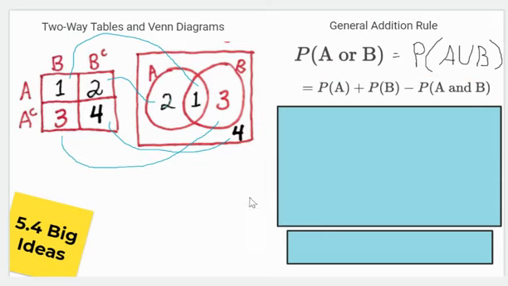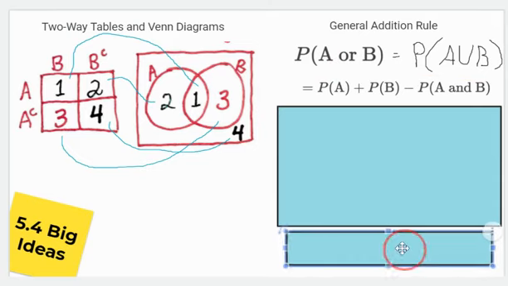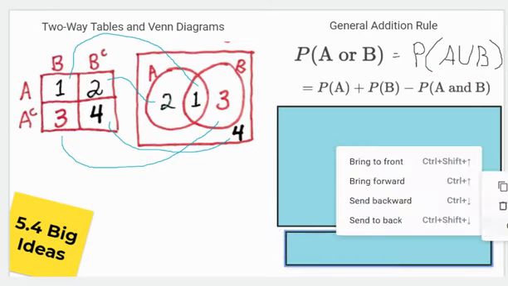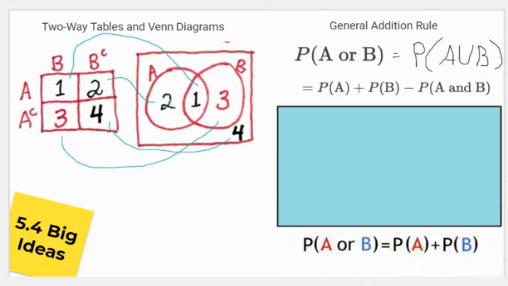Now you may say to yourself, wait a second, Mr. Mays. In the last Big Ideas video, you told us that the probability of A or B was equal to the probability of A plus the probability of B. So these are contradicting each other. How can it be the probability of A plus the probability of B minus the probability of A and B, and at the same time be just the probability of A plus the probability of B?